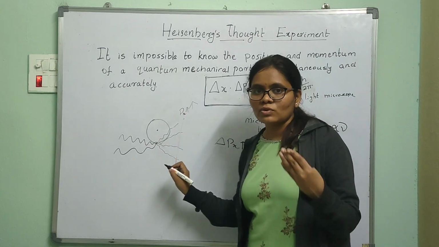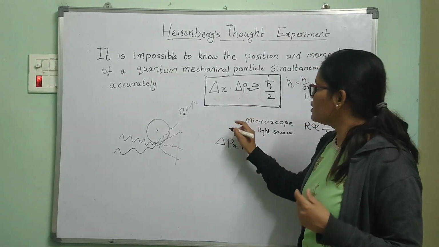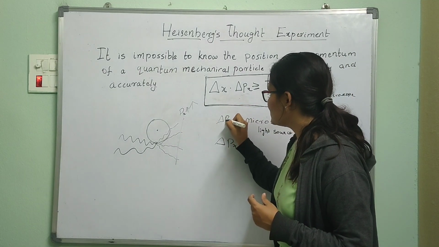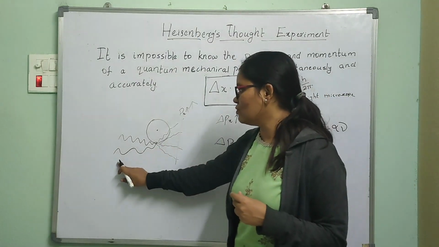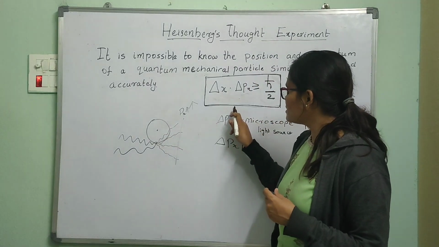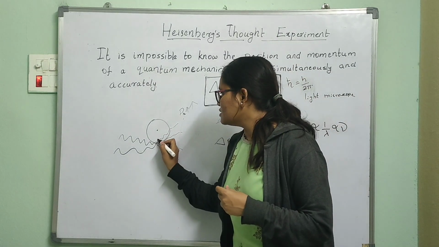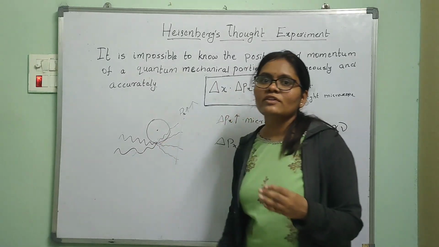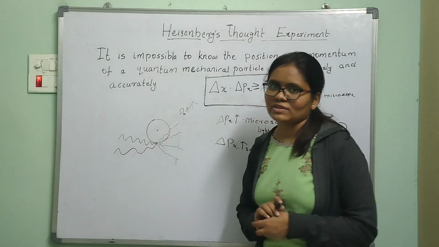So if there is no large change in momentum, then there will not be much uncertainty in the momentum, right? So if you are using light wave of lower energy, you are decreasing this uncertainty in momentum, but this lower wavelength light cannot give you good information on the position of the electron, right?